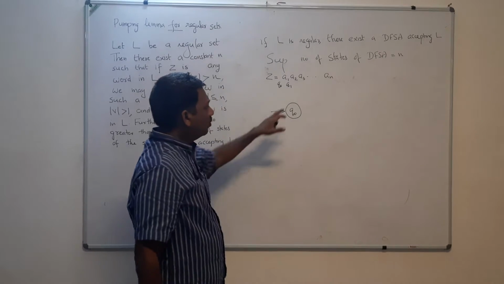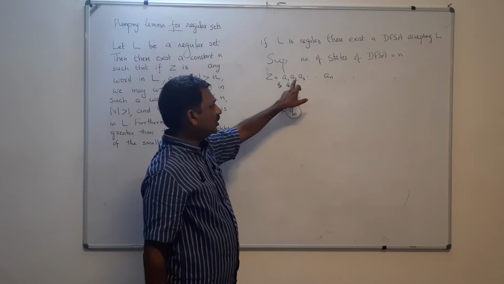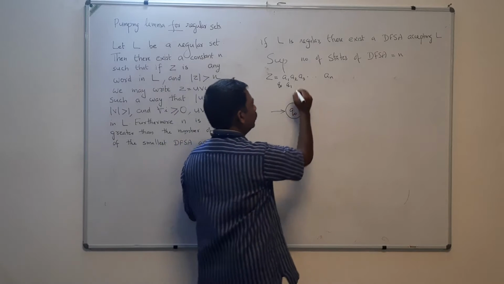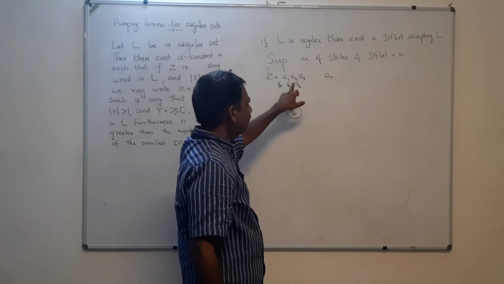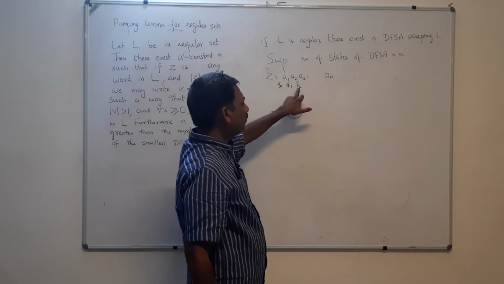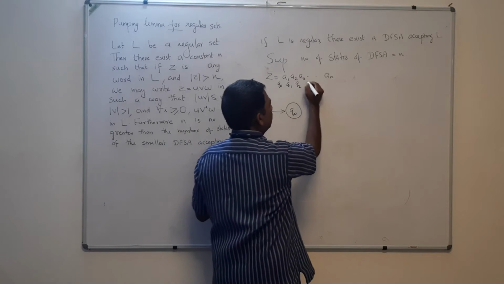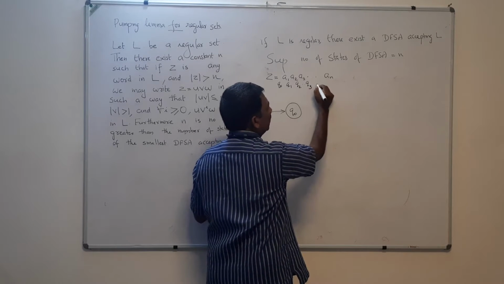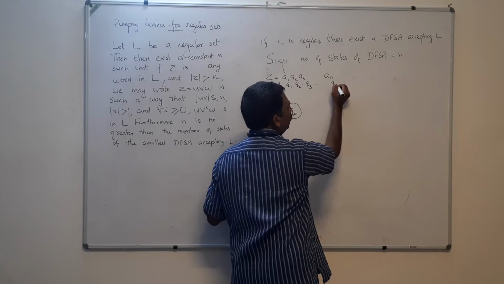Now the finite control is in state Q1, and after accepting A2, it moves to Q2, and on accepting A3, it switches to another state Q3, etc. After accepting An, it moves to Qn.